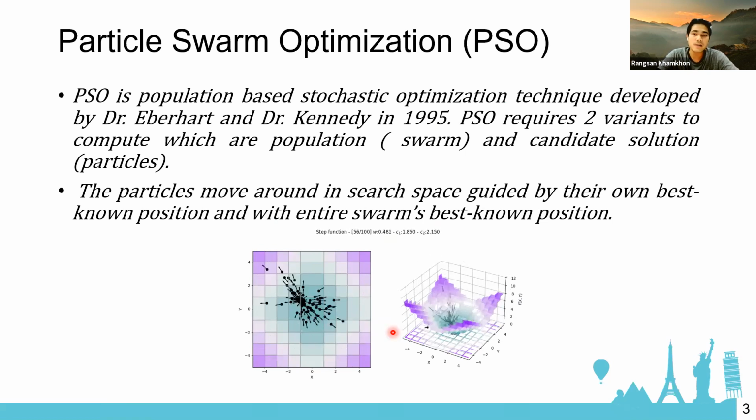PSO requires two values to compute, which are the population and the candidate. The population means the swarm, you can see the green area, and the candidate solution means the particle. The particle is the bus point. The particles move around in the search space grid by their own best known position and the swarm's best known position. Okay. Next.